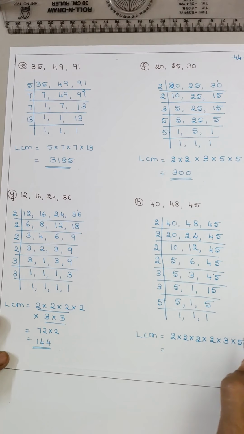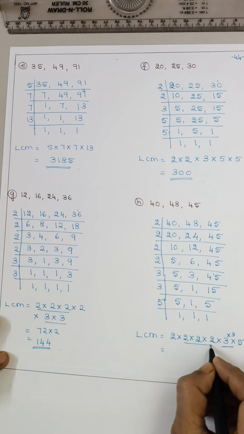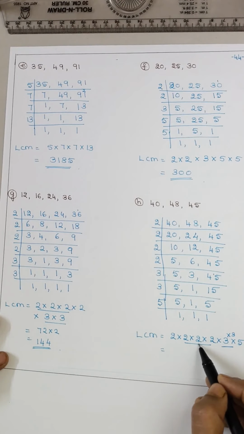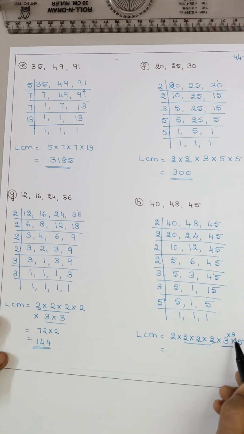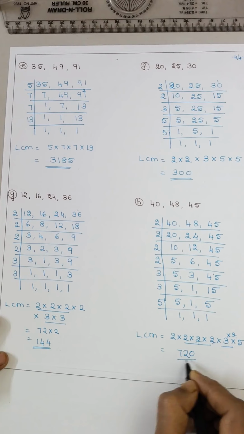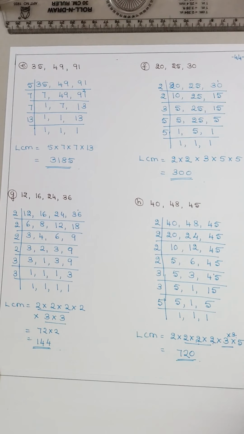Hello, 2 times 3, sorry. So it is 2 times 3, isn't it? 2 2s are 4, 4 2s are 8, 3 3s are 9, 8 9s are 72, and 2 5s are 10. Answer is 720.